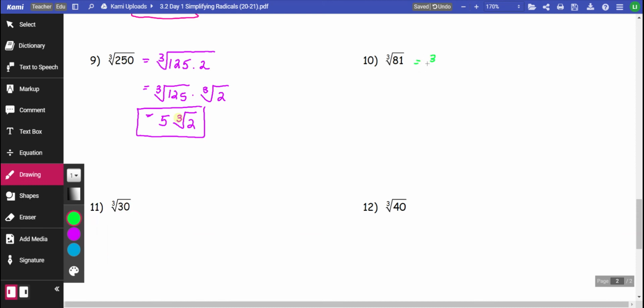So we're going to take the cube root. Let's see, 81 is going to divide by 27. That's my largest perfect cube that divides into 81. So I have the cube root of 27 times the cube root of 3. Cube root of 27 is 3, and I have that cube root of 3 left over.